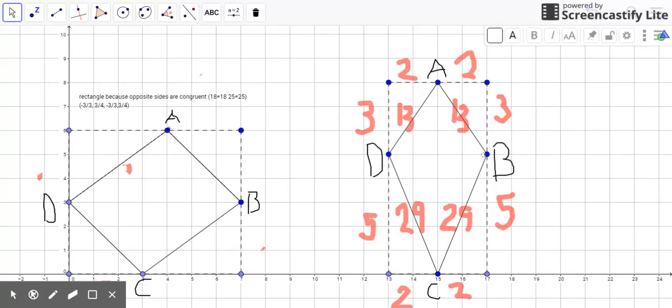Next we're going to do the slope. A to B would be a negative correlation, so it would be negative 3 over 2. Then B to C is positive, it would be 5 over 2.